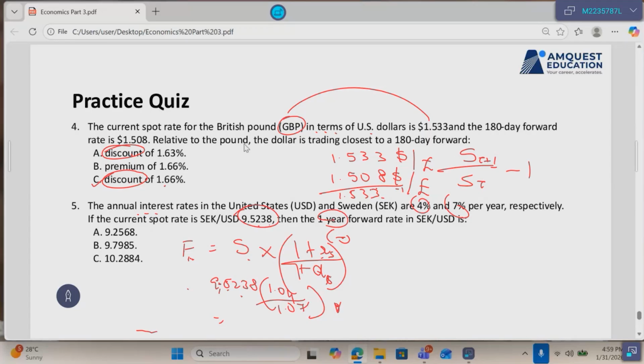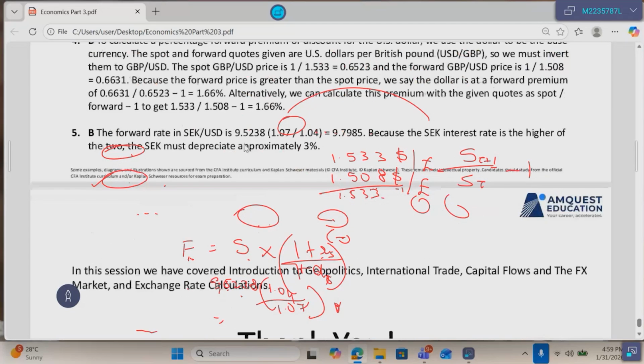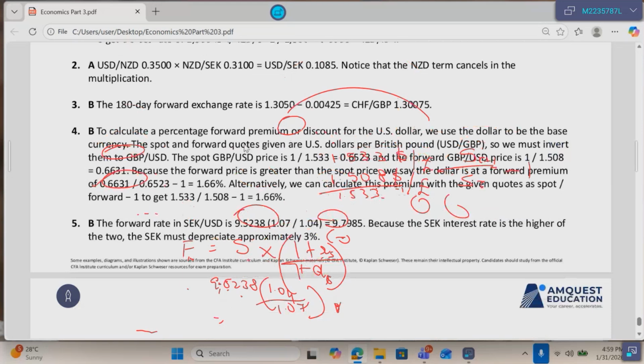Spot into domestic upon foreign, or you can name it accordingly. This is the implied 1-year forward rate for the future.